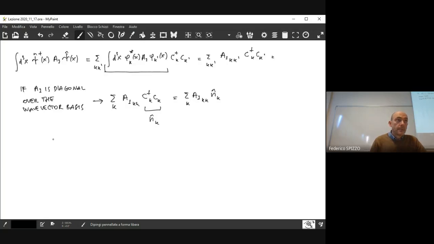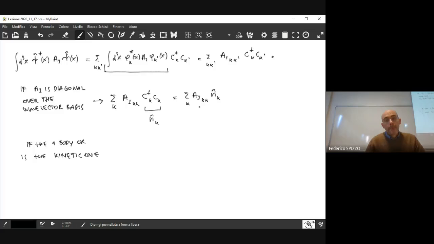Just to make an example, if the one-body operator is the kinetic one, what is the value of those matrix elements?